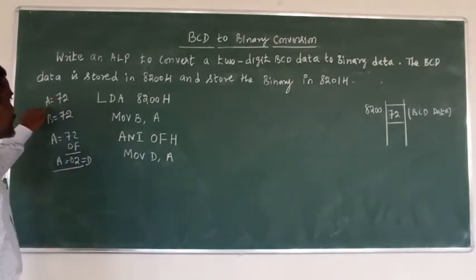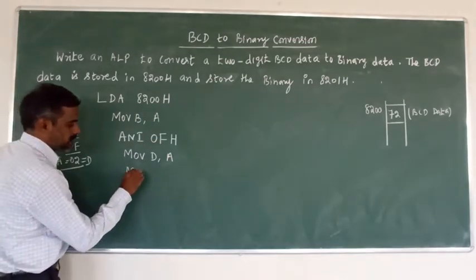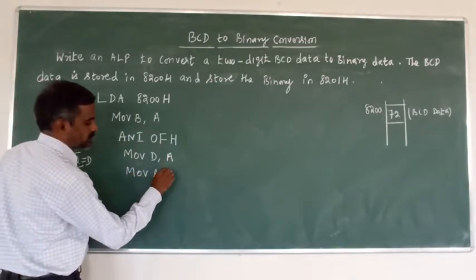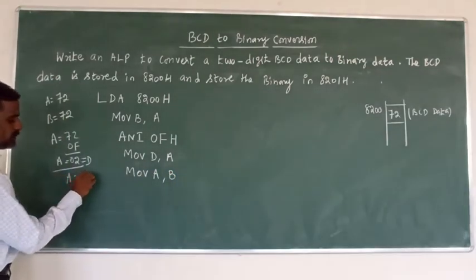to get the same data available in the B register, we move the B register data to the A register. Now B to A, so A equals 72.